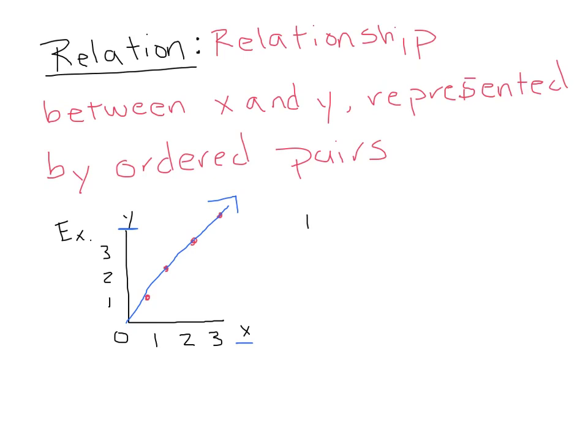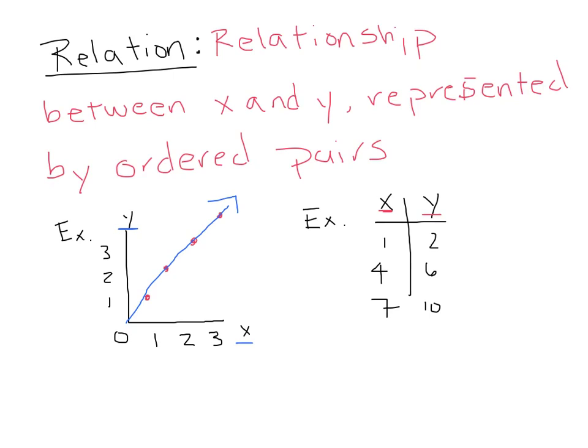Another example of a relationship would be something that's represented in a table. So let's say we have an x and y table. And let's say we have 1, 4, 7 for our x's. And then for our y's, we have 2, 6, and 10. Right? There's a relationship going on right now between the x's and the y's, or the ordered pairs.